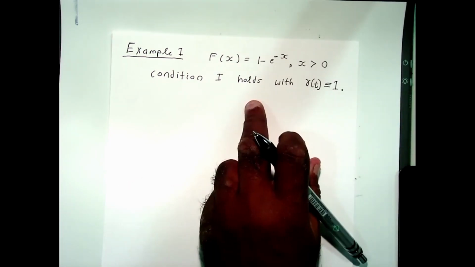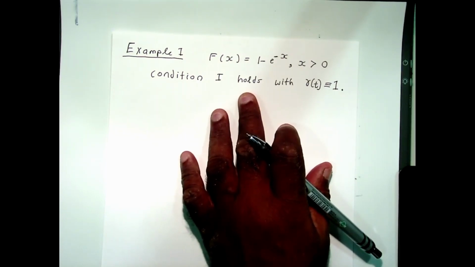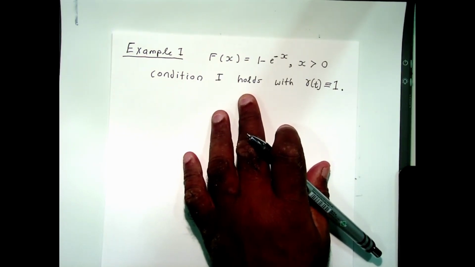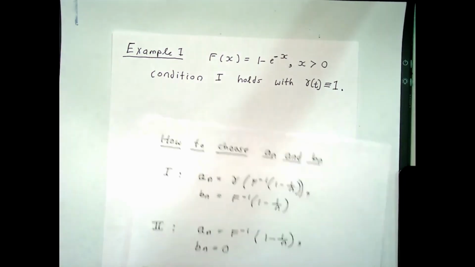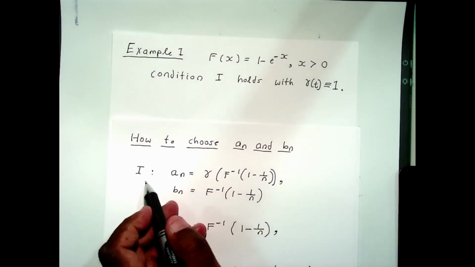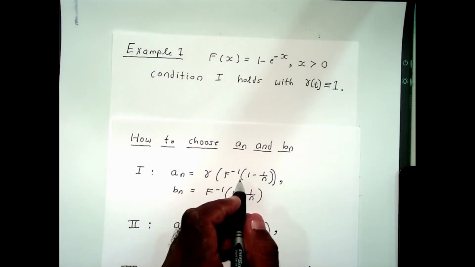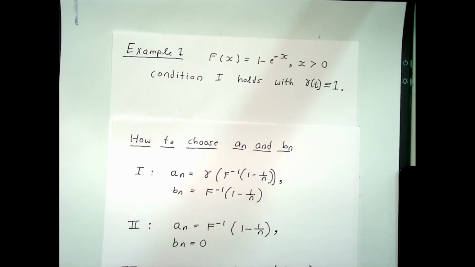You may check this from a previous video that I did. Right, now to find an and bn, let me show you the previous slide. Since condition 1 holds, this is the formula for an and this is the formula for bn.